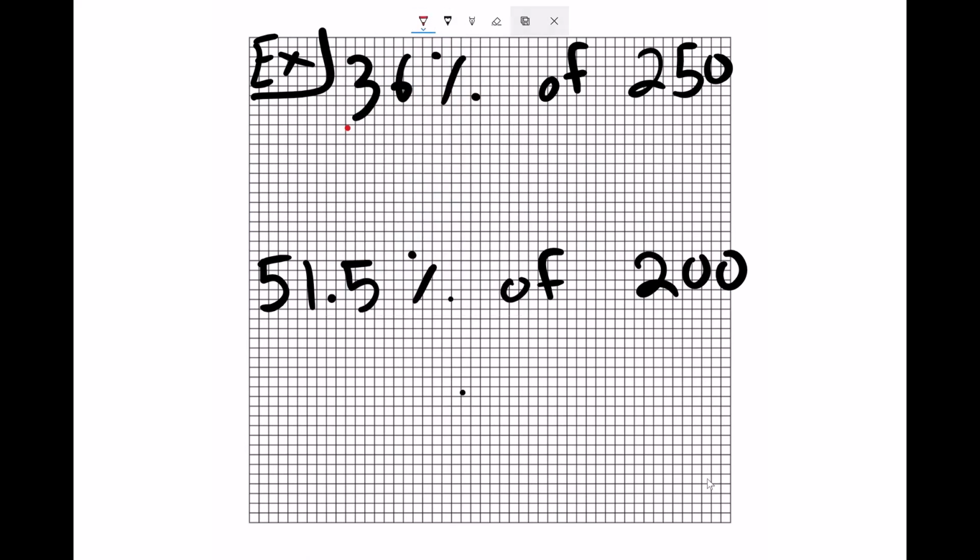Again, all you are doing is rounding this place value up or down, depending on what you have over here. As we discussed, 5 or greater means you round up, 6 is greater than 5, so this becomes 40%. So now all you have to do is 0.4 times 250, and that will give you 100.